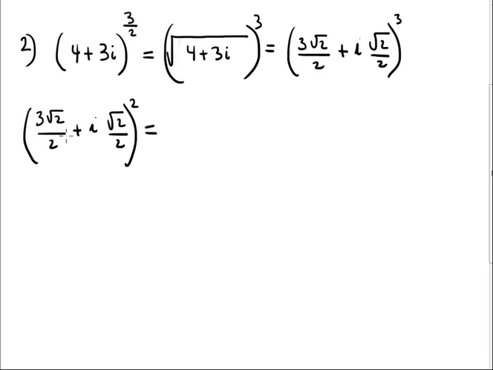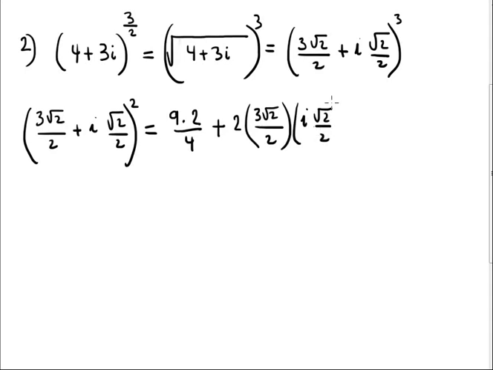Quick-fold. Quick-fold is a square this, que es 9 times 2 over 4, that is, square the first, plus twice multiplication both, the first times the second, plus square the second, que es i radical 2 over 2 square.